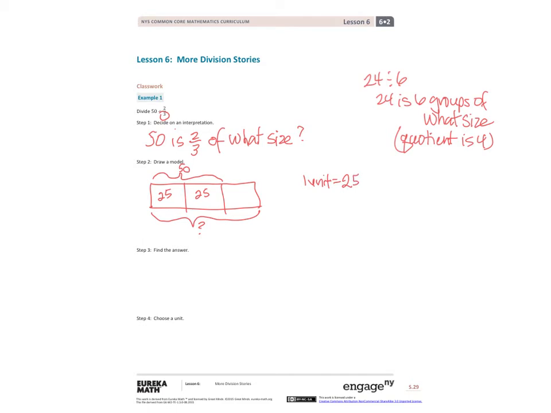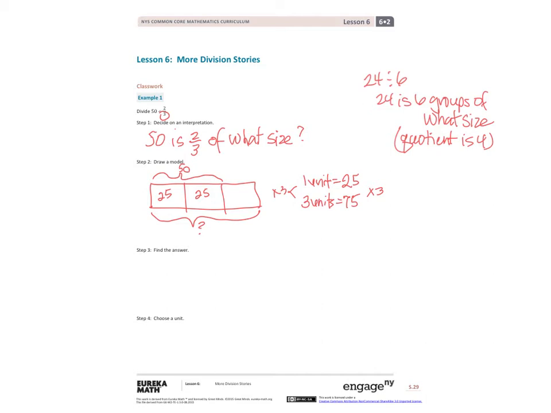And so in order to find the value of 3 units, we multiply by 3, and I get 75. I know visually you can see that. So let's take a look. It says find the answer.